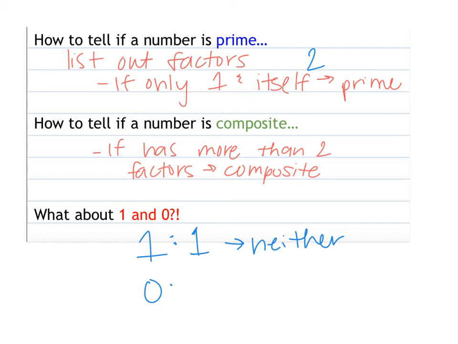Now 0, what numbers multiply to make 0? Well, 0 and 1, 0 and 2, 0 times 3, 0 times 4, and it just keeps going on forever. So this one is also neither, because it has an infinite amount of factors.